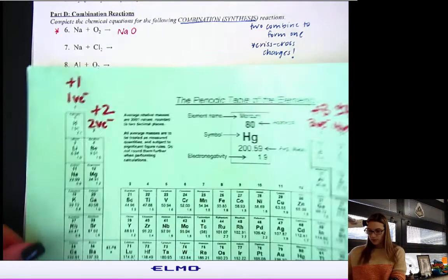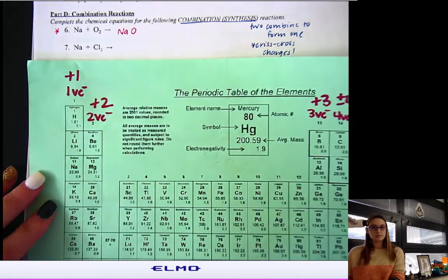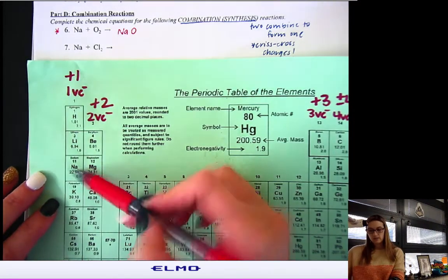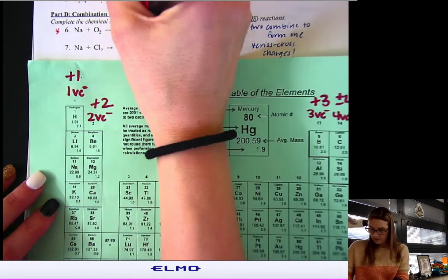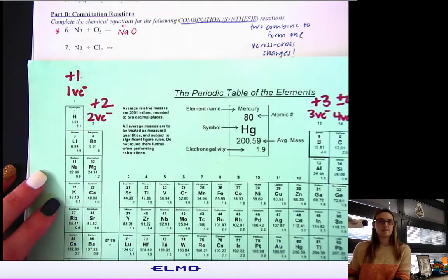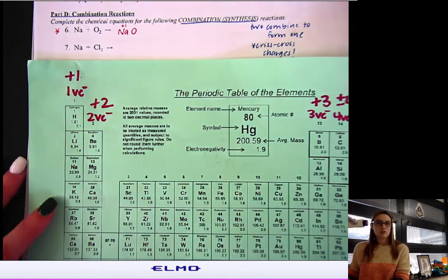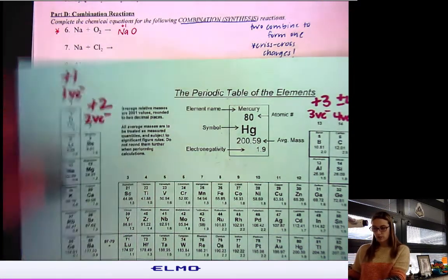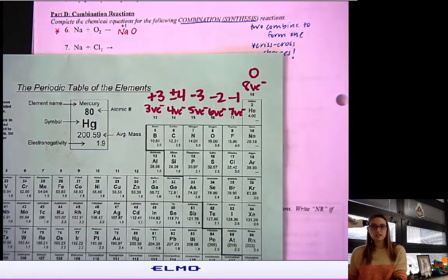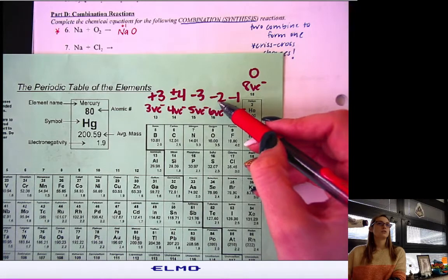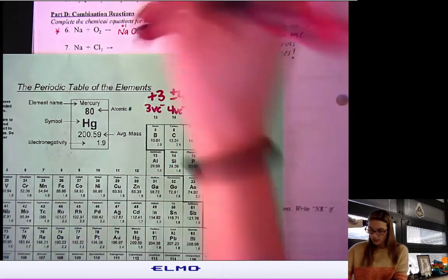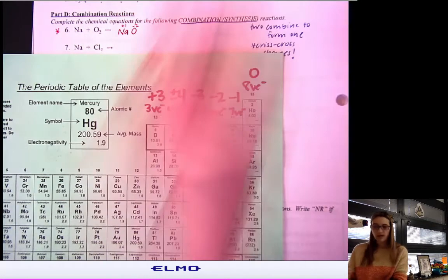So here's where, if we look at our periodic table, sodium is +1 when it's in a compound. So up above Na, I'm going to write +1. Remember when we wrote chemical formulas, we used our periodic table to figure out charges. Oxygen, when it's in a compound, is -2. So up above oxygen here, I'm going to write -2.